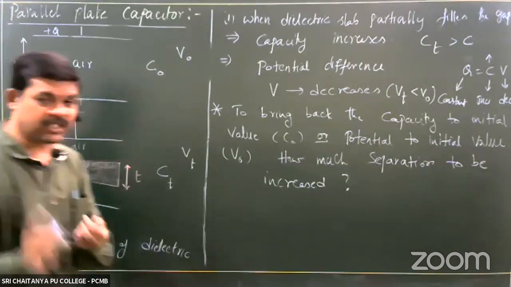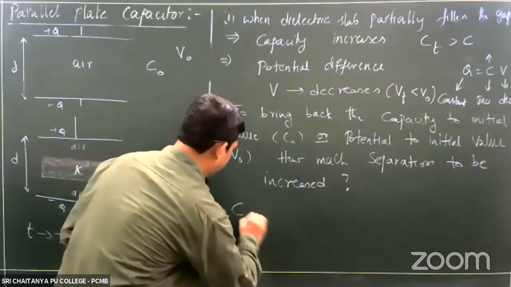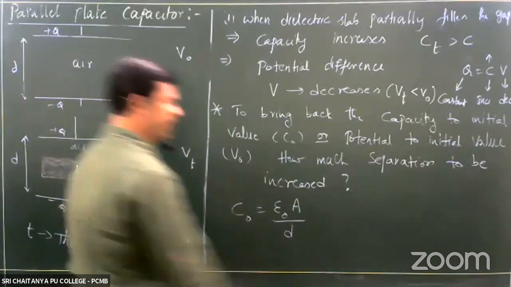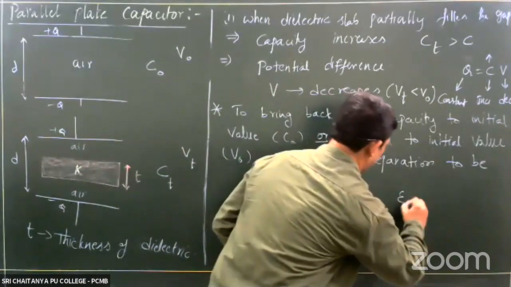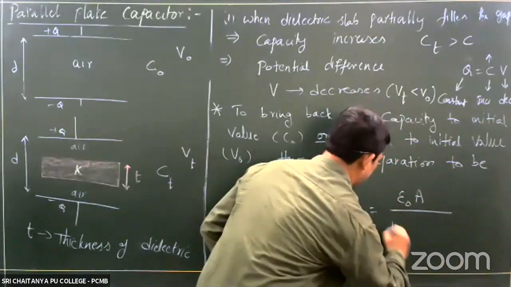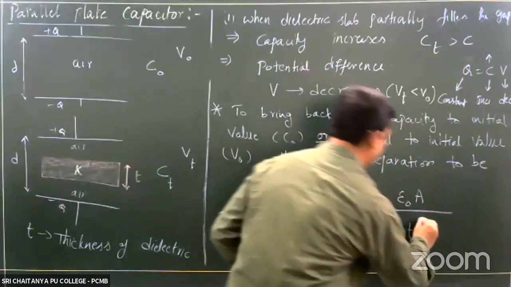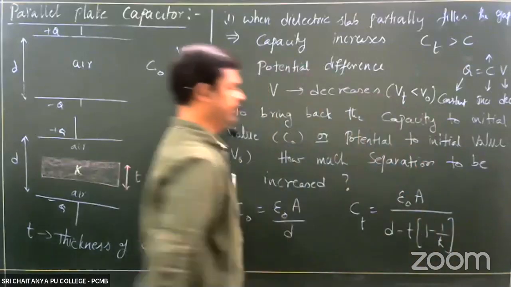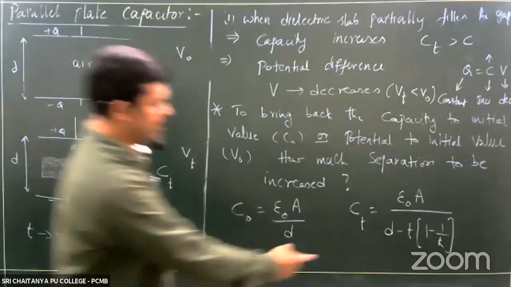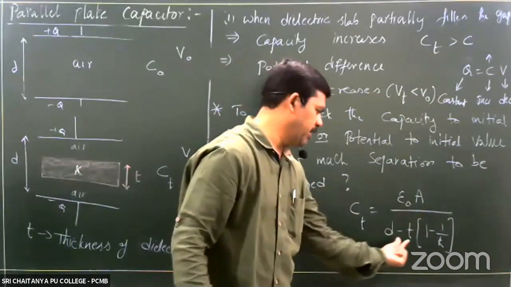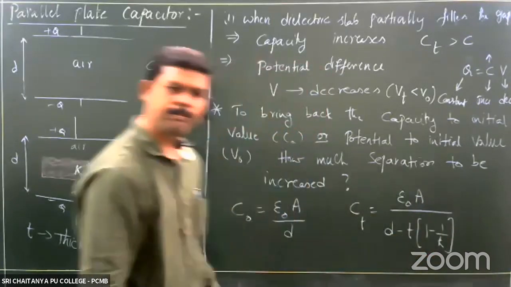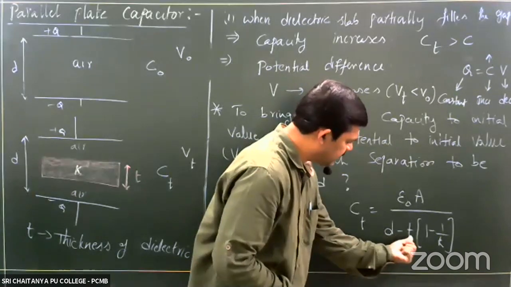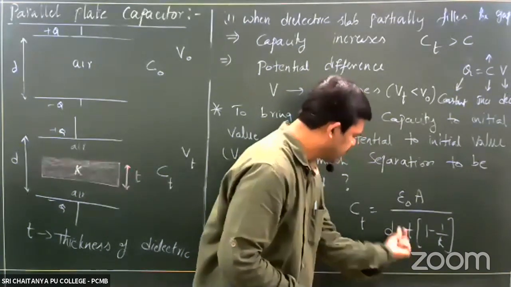Why does the separation have to increase? C naught is epsilon naught A by D. Ct is epsilon naught A by D minus T into 1 minus 1 by K. Is it not the formula? Here it is D minus T, this is minus.